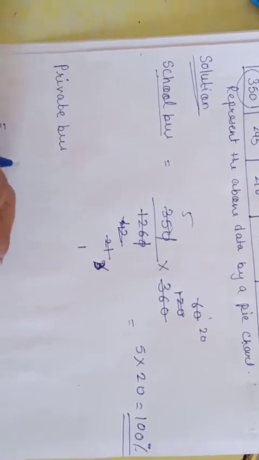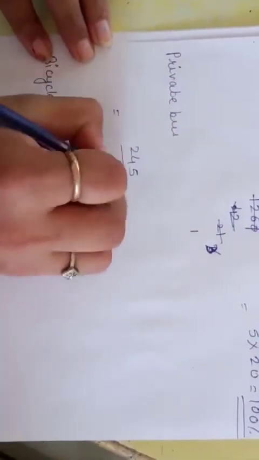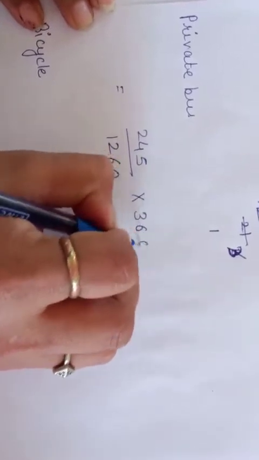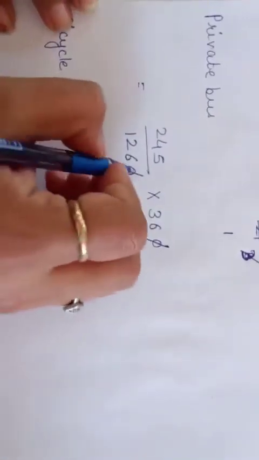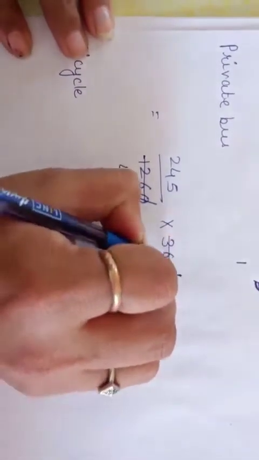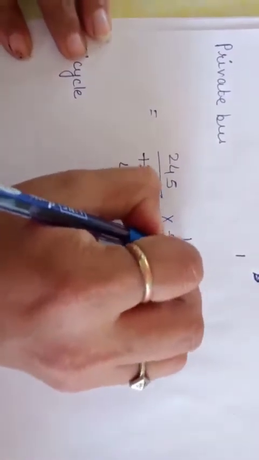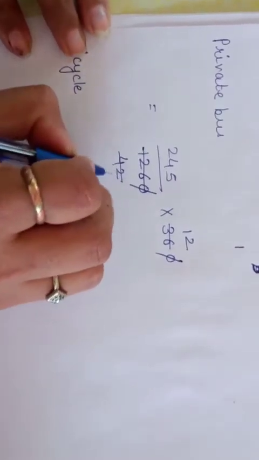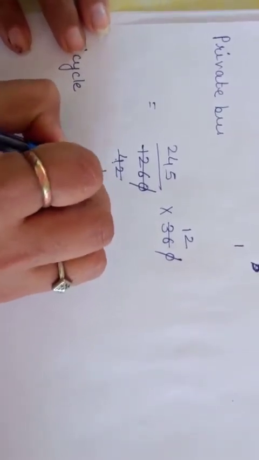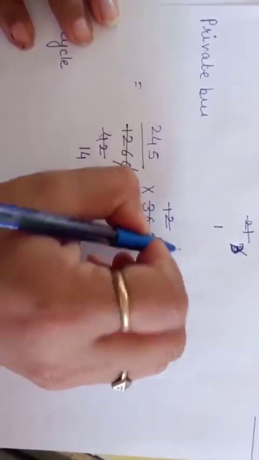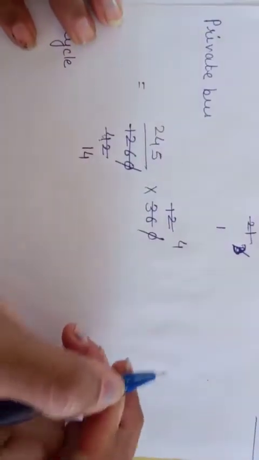Now private bus. 245 upon 1260 into 360. We will be reducing this. Again we are doing it by 3. This will be 42. This will be 12. We are doing it by 3 again. So this will be 40 and this will be 4.